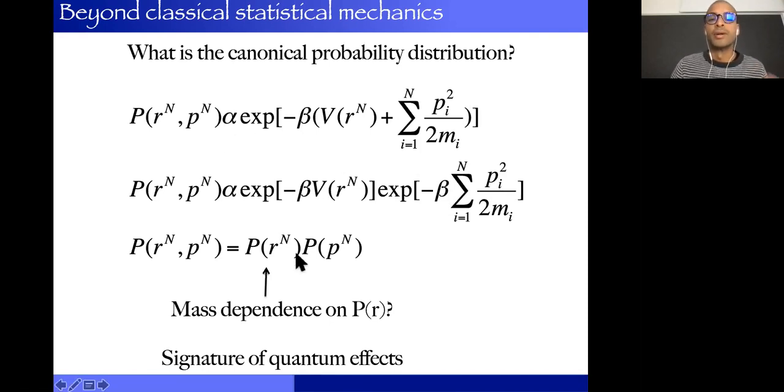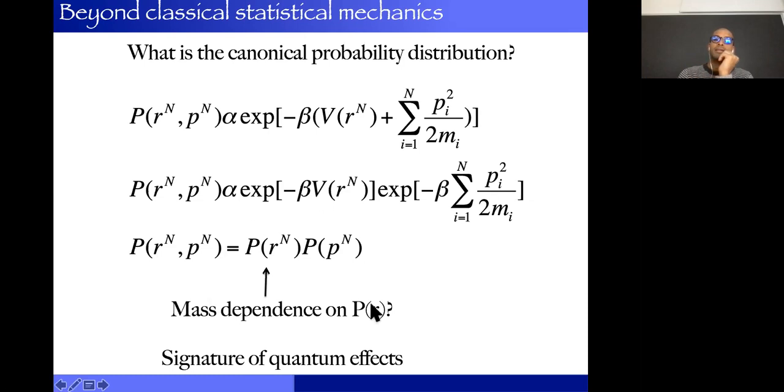So if you were to look at the probability of finding two particles at a particular distance, the probability distribution or the pair correlation function between two particles moving in a harmonic oscillator with some potential V, then the configurational part of the probability distribution would be independent of the momentum part.